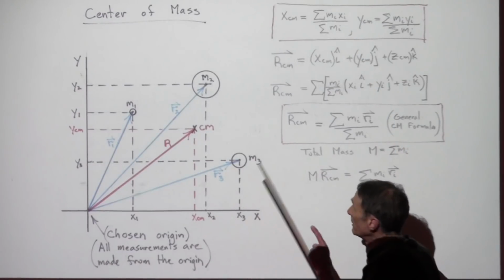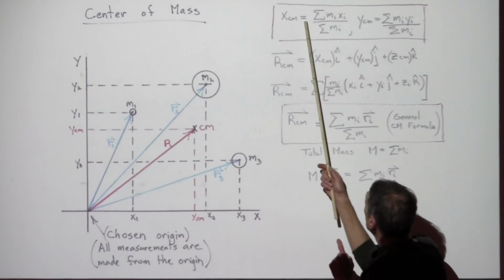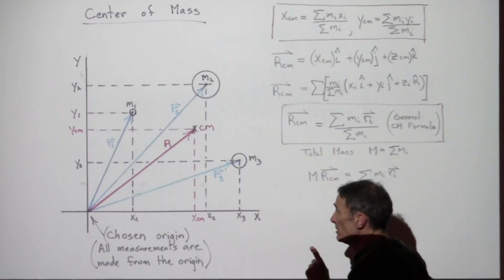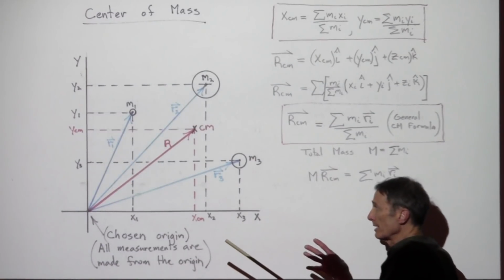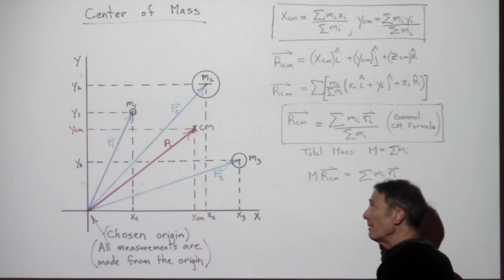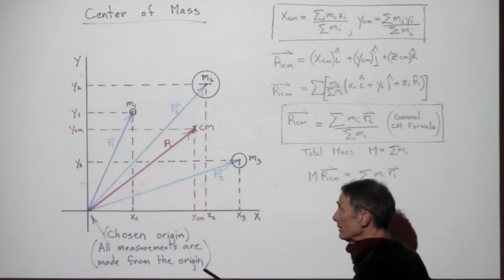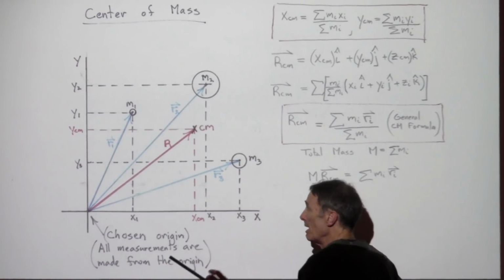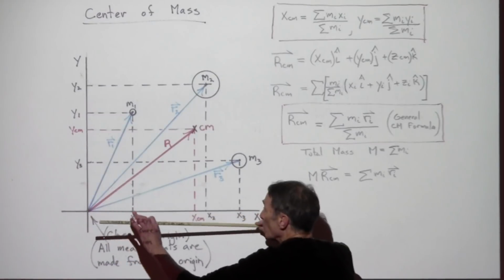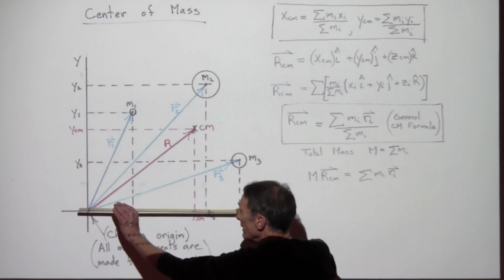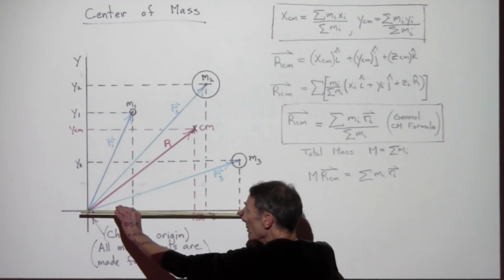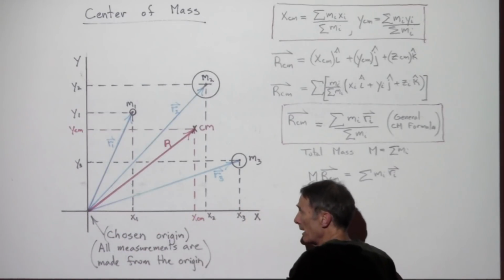In terms of doing this as a problem, when you set this up, you need to choose a coordinate system. And it really doesn't matter where you put the origin of your coordinate system. Think of the coordinate system almost like a ruler, where you can move it around, you can put it down wherever you want, and you're going to be taking all your measurements from there.